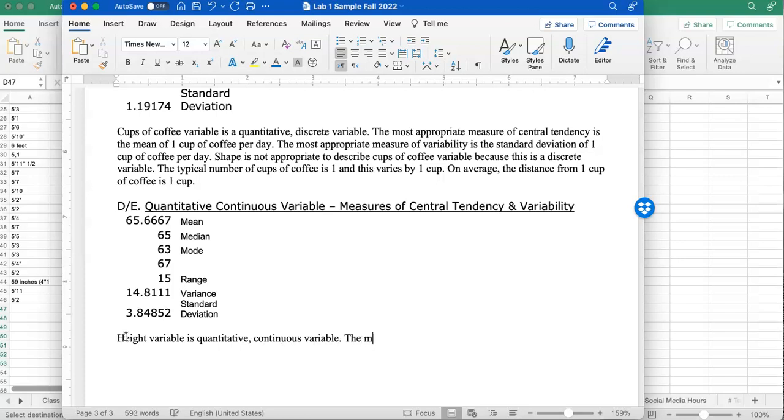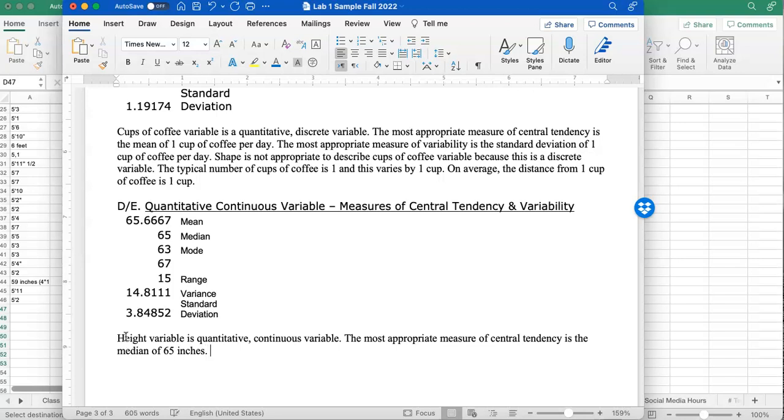So the most appropriate measure of central tendency in this case would be the median, because the mode of 63 and 67 pushes it. So it's going to be the median of 65 inches, which is pretty close to the mean.